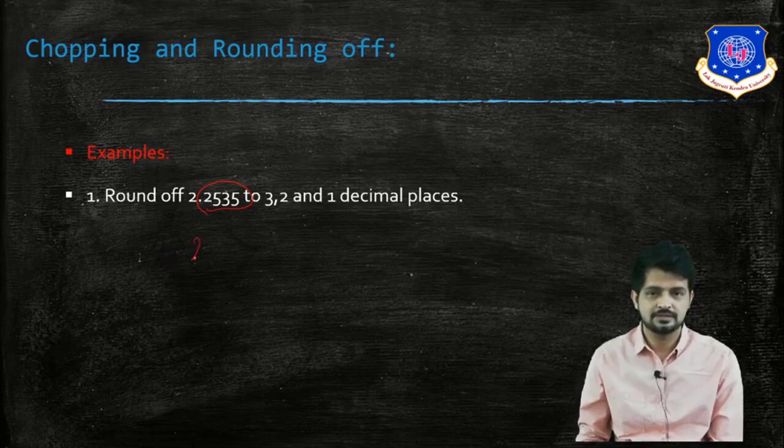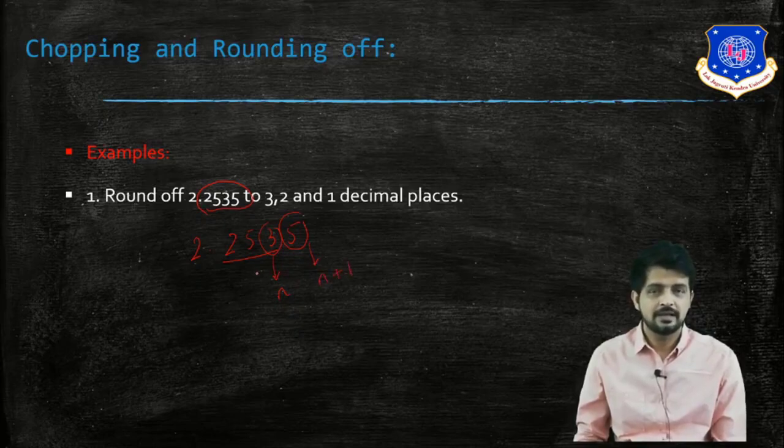So let's start. See, this is our given number 2.2535. We have to round off this number up to 3 decimal places. These are the 3 decimal places. So to round off, first of all, we have to consider two numbers. One is the nth digit and another one is the n plus 1th digit.